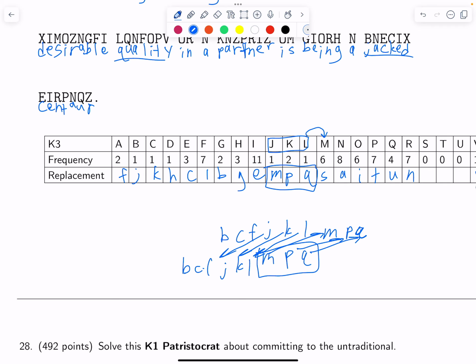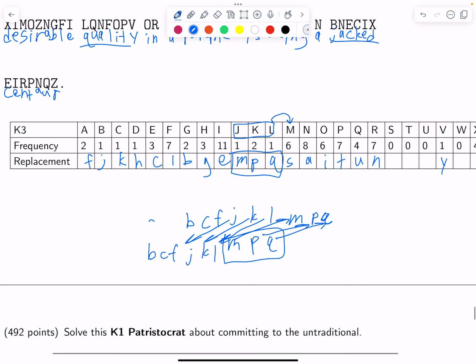And then we go back down again. B, C, F, so G equals B, E equals C, and, hold on, A equals F. And then we go back even more.